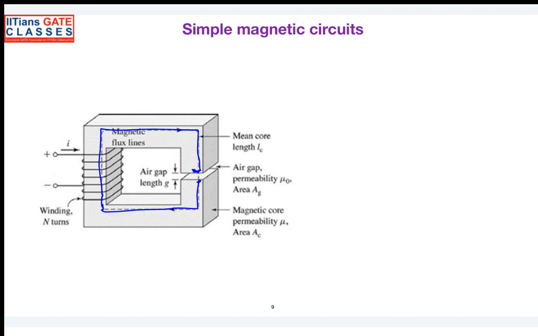So whatever the length in which the magnetic flux is moving, I call it the mean free length. It is nothing but the length of the core itself, because when you are moving from here to here and here, it is the length of the core itself where the flux is completely confined. So that is called my mean free length. You understood?